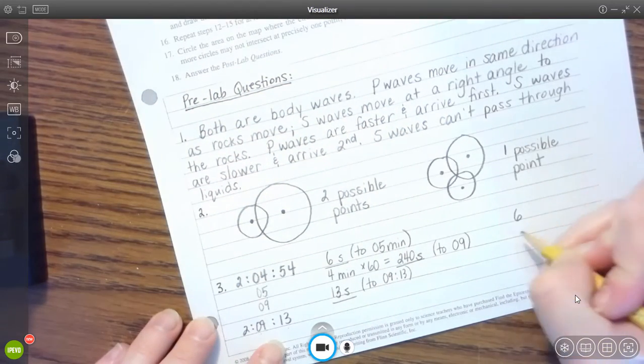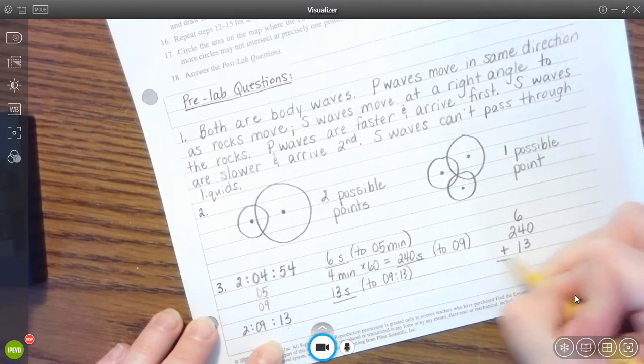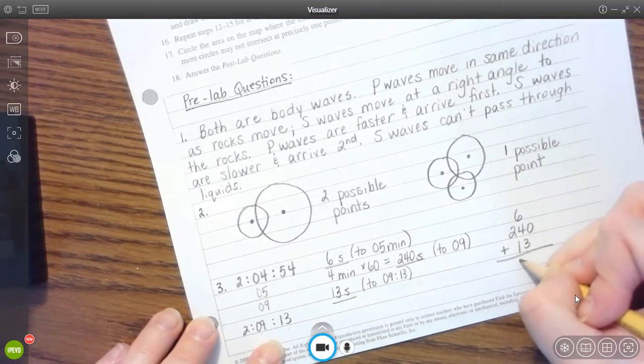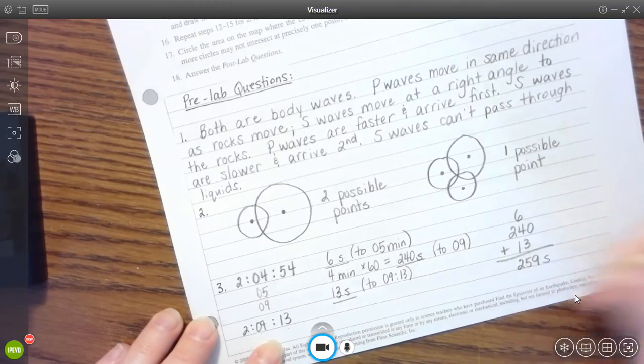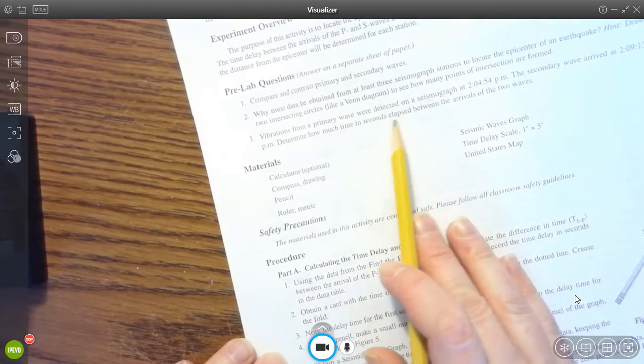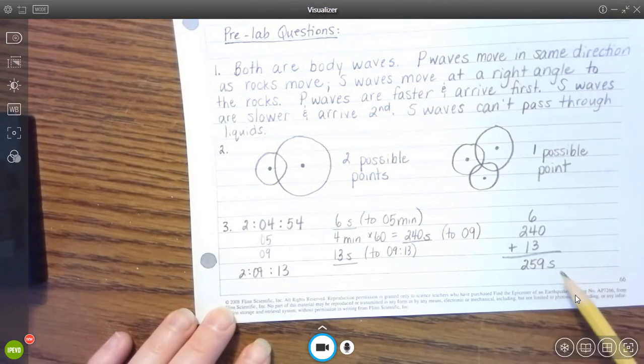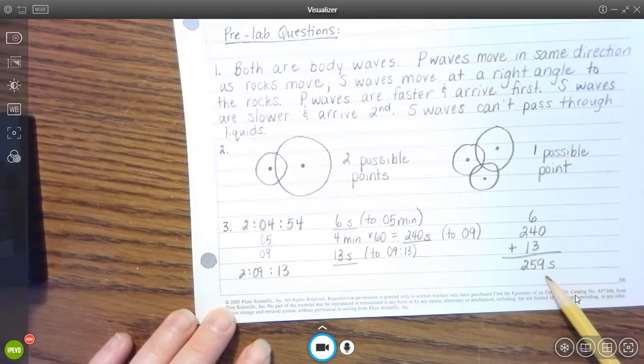And I add those all together, and I get 259 seconds. So the lag time, the seconds that elapsed between the arrivals of the two waves, was 259 seconds.